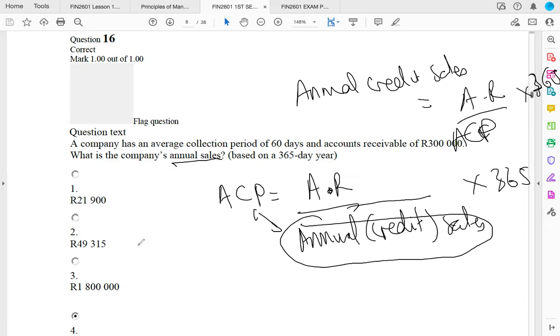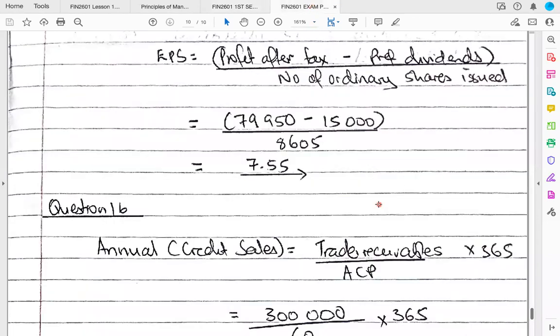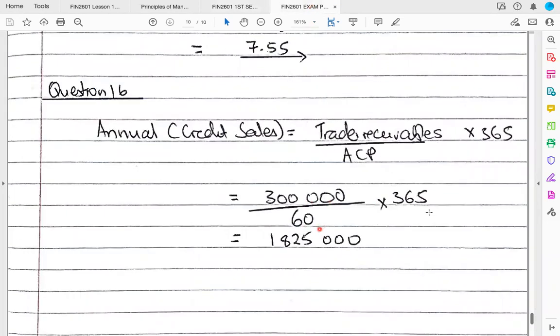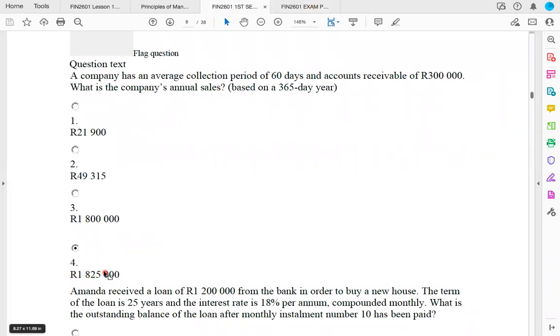So we can then say our accounts receivables of 300,000 divided by 60 times 365. So this can give us our annual credit sales, right? So the last two questions were a bit simple there. So 300,000 divided by 60 times 365, we get 1,825,000. So that is our annual sales.